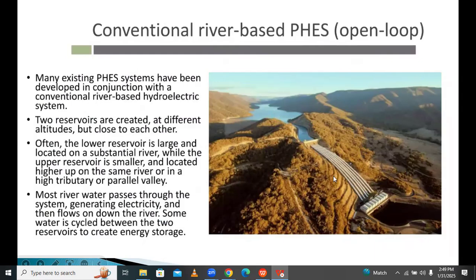In summer, when water availability in the upper reservoir is less, water in the lower reservoir can be pumped back under light load conditions at night. During the daytime, when energy demand is more, it can act as a source, generating electricity and feeding it to the grid. This is called the open loop, or conventional river-based, pumped hydro storage system.